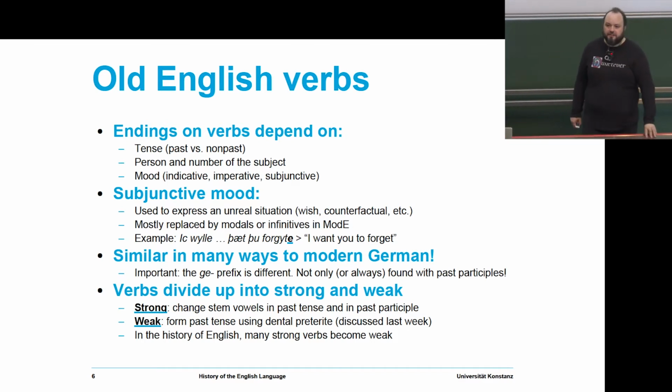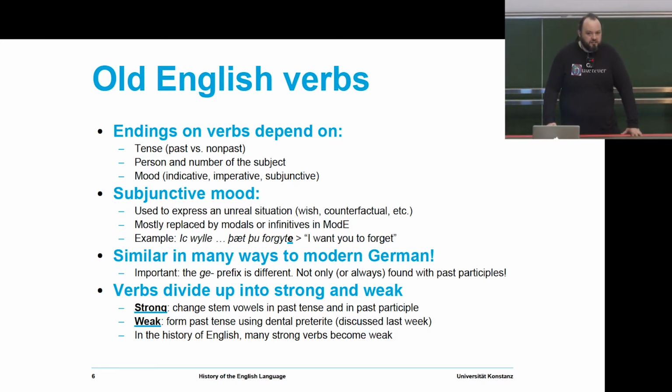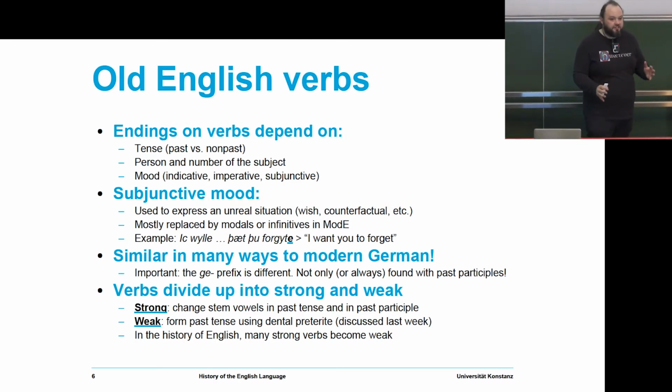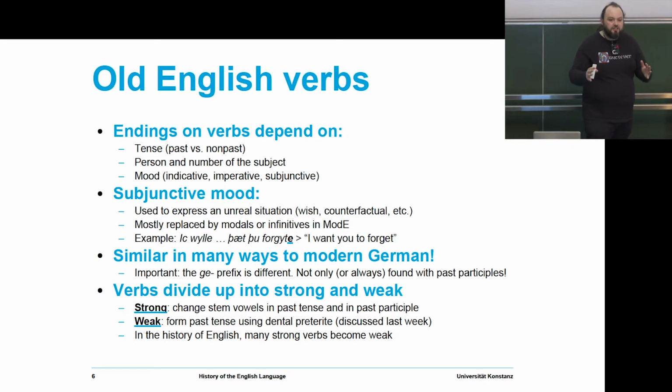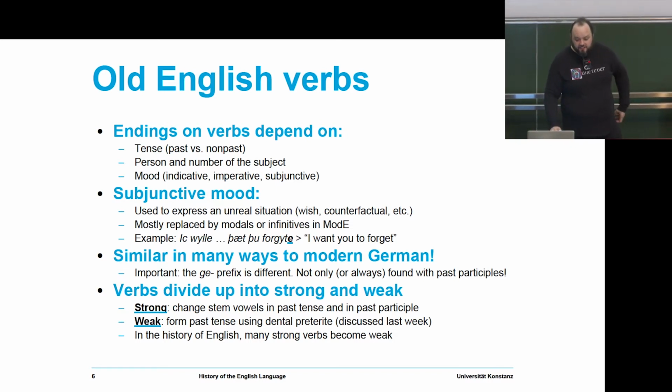In the second person singular, we would expect to find an ST, just like in German, in the indicative. That du forgetest. But because it is a hypothetical situation, an unreal situation, something that is desired but is not actually the case, it gets this subjunctive ending, and the subjunctive ending is just an E here.